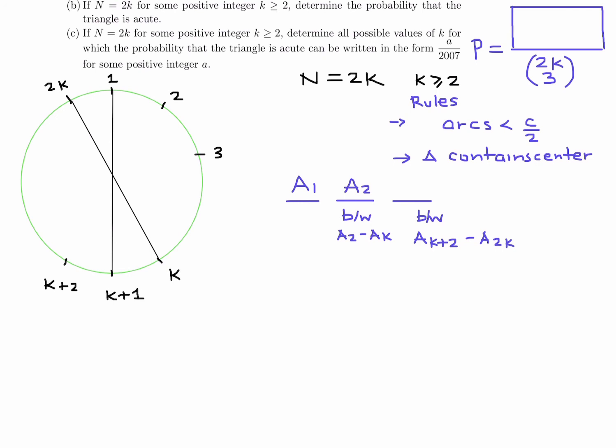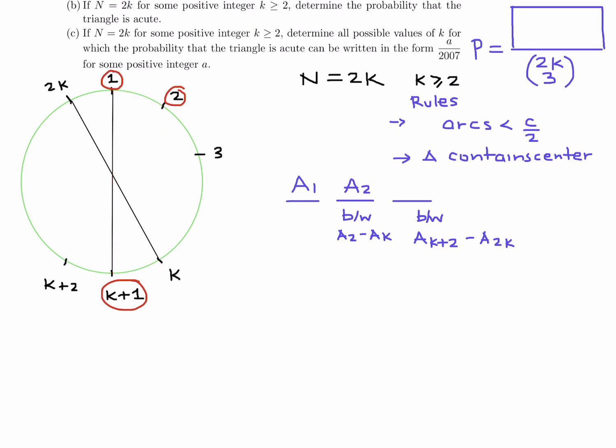So that means it has to be between this guy and this guy, correct? For the same reasons. It can't be any of these guys. If we choose this and this, it can't be k plus 1, the third vertice, because if it is, it will be entirely on a diameter, and that's not an acute triangle, it's a right triangle.